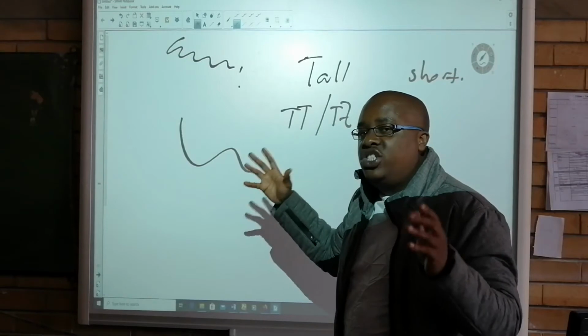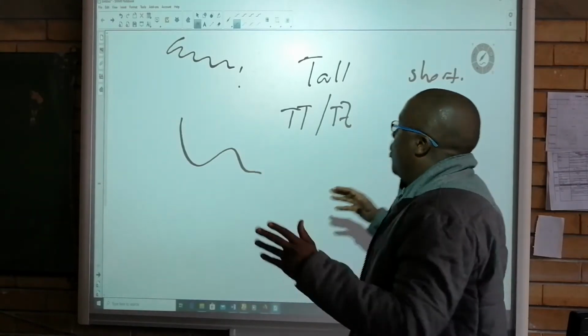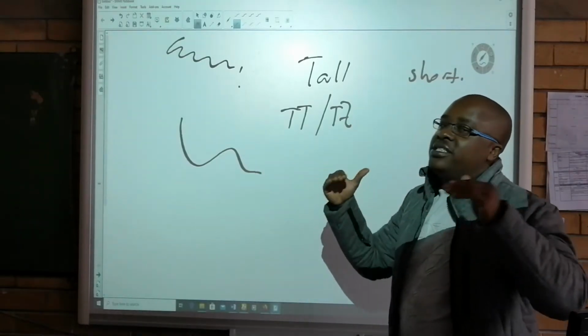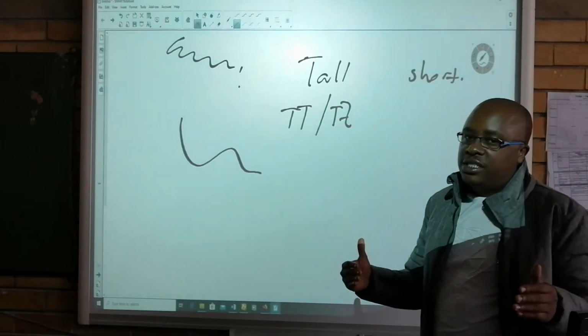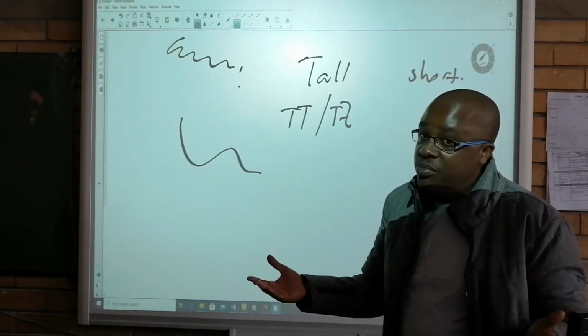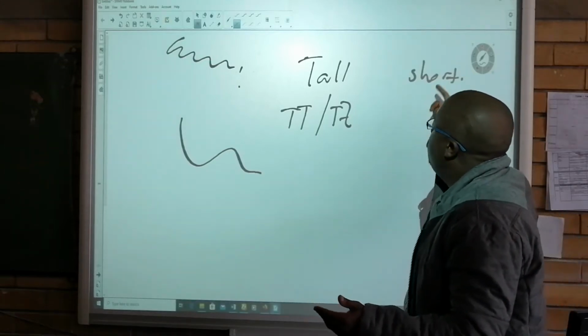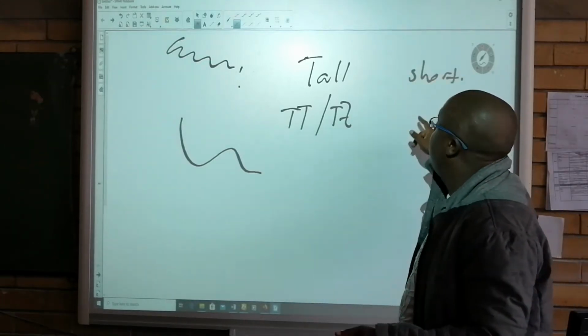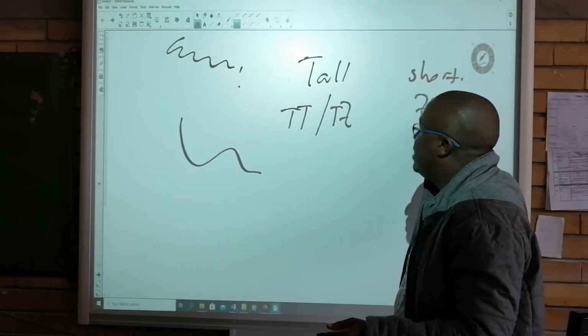Whereas when a plant is short, because it is short, it is exhibiting the recessive trait. If it is exhibiting the recessive trait, then definitely that means that it can only be showing this phenotype if it is in the homozygous recessive form.